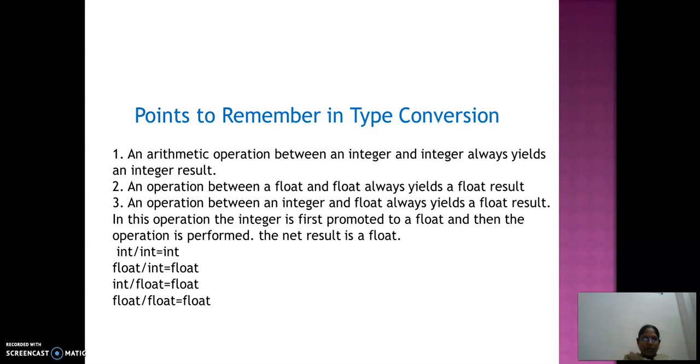That is also a floating point. If it is an integer and a float, then it will be a float value. See here, int by int is int, float by int is float, int by float is float, float by float is float. That means the one having the highest type will be the net result.